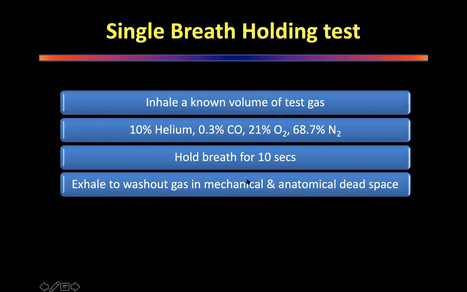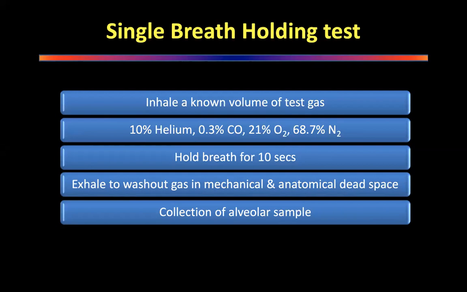Mechanical means what is there in the tubes. So you let it wash out. The first amount of gas, you don't use in your calculation, but it is the second amount of gas that comes out. You use that for your calculation, and that gives you an exact representation of the alveolar sample.